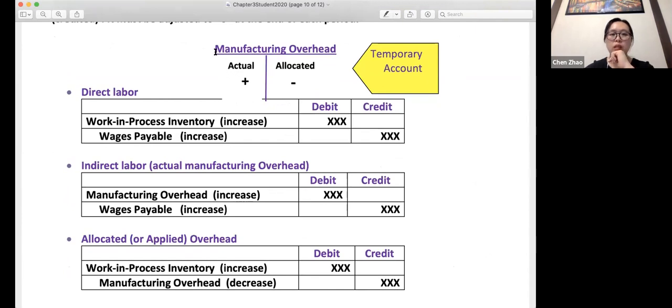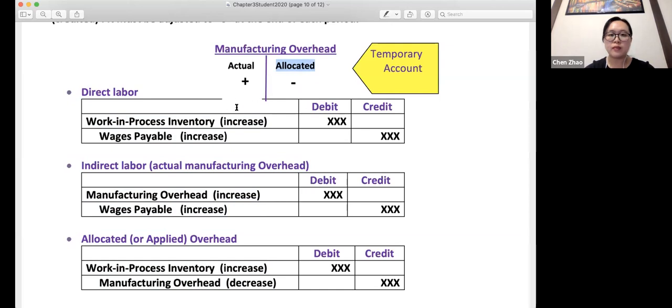Okay, so the easiest way to remember that is to try to remember the manufacturing overhead T accounts, okay? The debit side is the actual when it happened, and the credit side is the allocated. So I have a question here. What if the manufacturing overhead account has a debit balance?